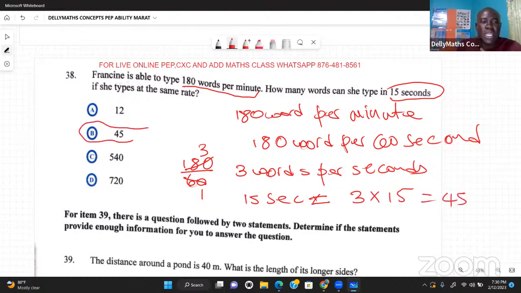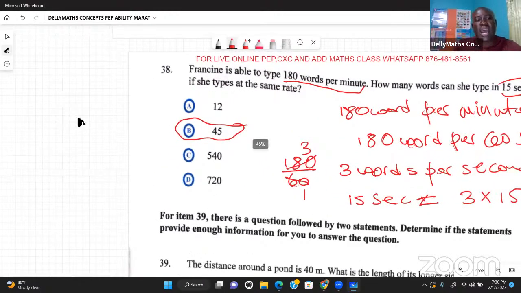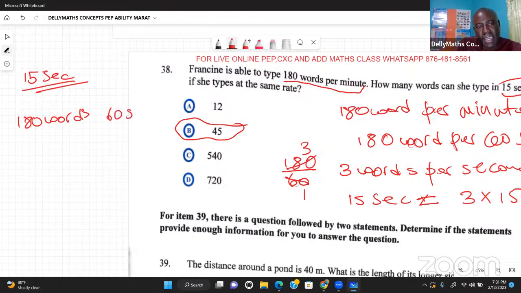So this is the answer, but I'm not saying that this is the only way, because there's another way. All right, let me just show you the next way, because skills are skills. They're saying we are focusing on 15 seconds. We're talking about 180 words. I could use a ratio and do it. And we're talking about 60 seconds, because 1 minute is 60 seconds. I have to turn the 1 minute into seconds.